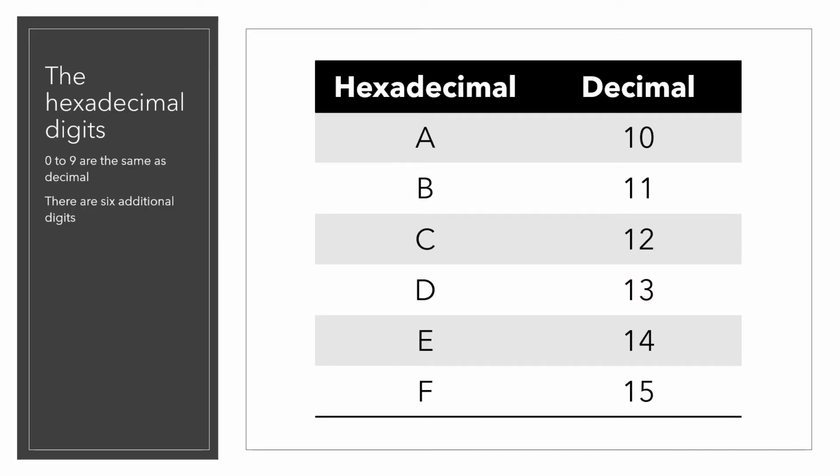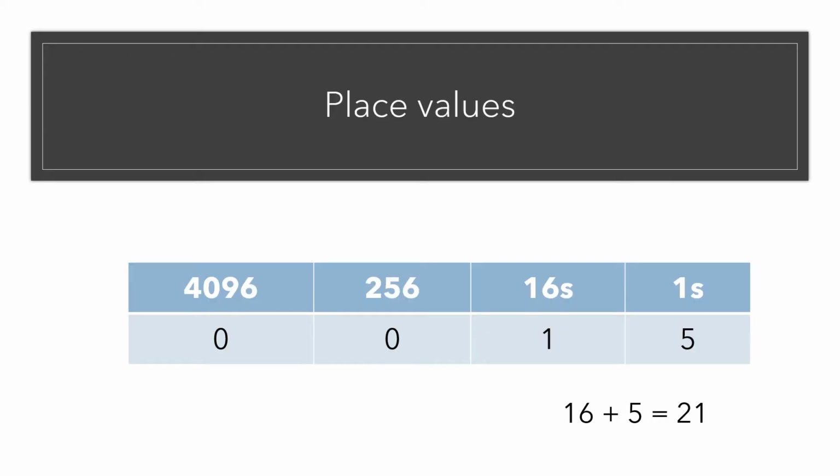The hexadecimal system has 16 digits. The first 10 digits, 0 through to 9, are just the same as decimal, but there are an extra 6 digits, A to F, which represent the values 10 to 15. The place values are powers of 16.